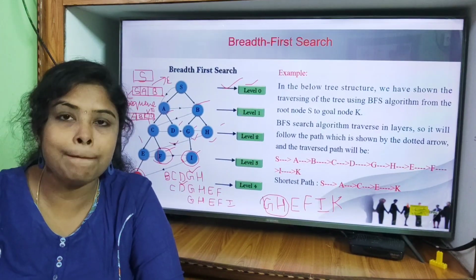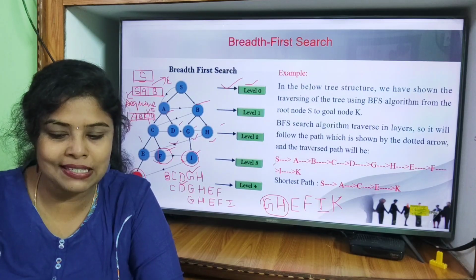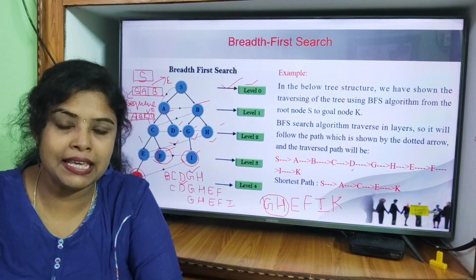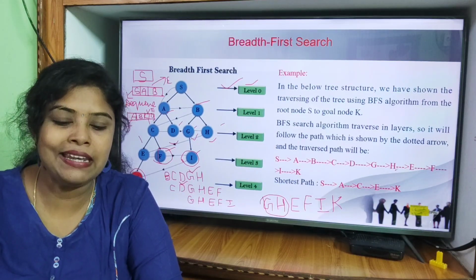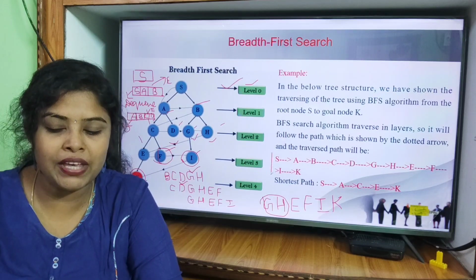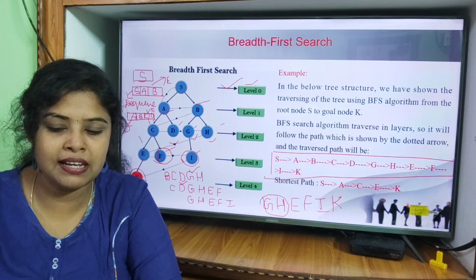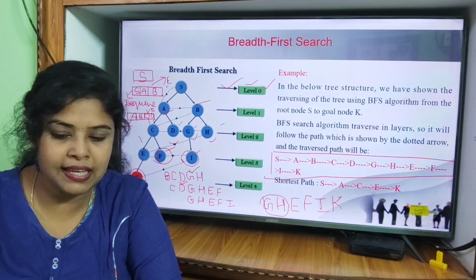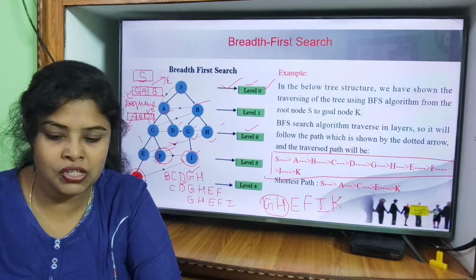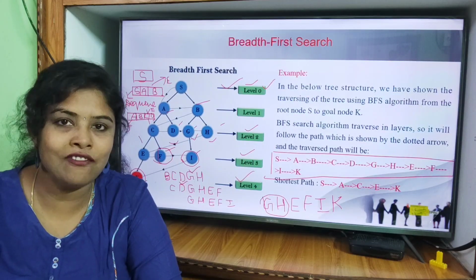So here the path of the BFS implementation is given: S, A, B, then C, D, G, H, then E, F, I and K. This is how we have gone for the implementation, level by level. In level 0 we have seen S, in level 1 A and B, in level 2 C, D, G and H, in level 3 E, F, I, and finally in level 4 we have K.